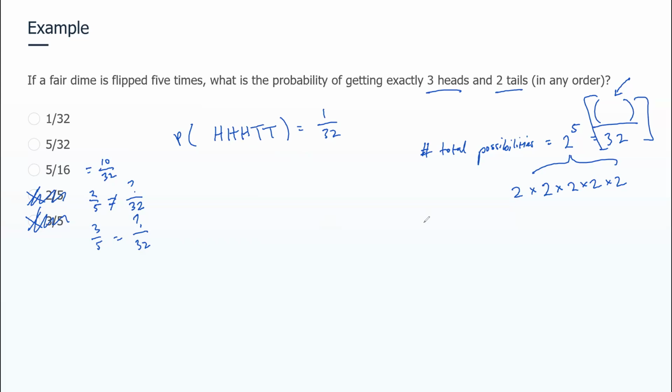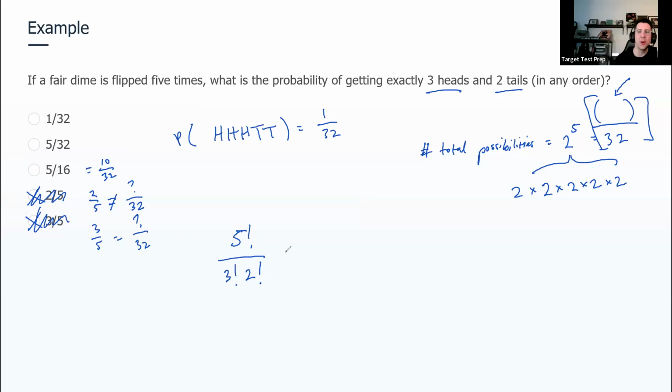So I looked at the code of 3 heads and 2 tails. There's 5 total letters, and I did 5 factorial divided by the indistinguishable. So there's 3 heads, so that's 3 factorial, and then 2 tails, which is 2 factorial, and that comes out to 10. Okay, so you know this formula already.